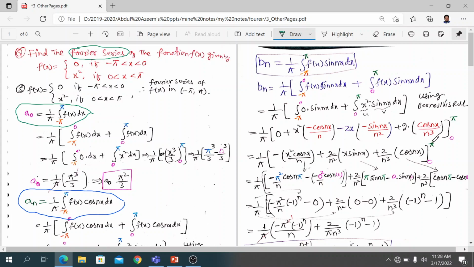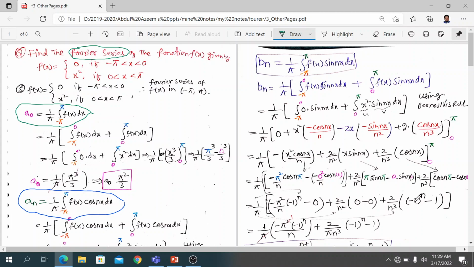Now apply here cos n pi minus cos n 0. Now 1 by pi outside as it is, minus pi square by n cos n pi, as we saw that cos n pi value is minus 1 power of n, minus 0 into something 0, plus 2 by n square as it is, sin n pi is 0, 0 into something 0, 2 by n cube cos n pi.